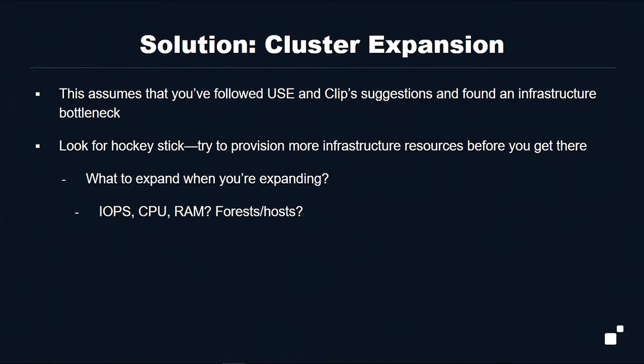In this particular case, when we do find an infrastructure bottleneck, you want to look for your hockey stick, right? You want to look for this point on the response time graph where it's scaling linearly nicely, and then all of a sudden it's like boop, so you get this hockey stick shaped graph that's showing you, oh my gosh, you just hit a bottleneck.